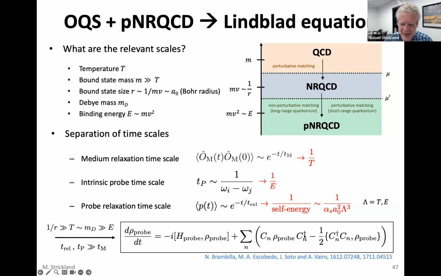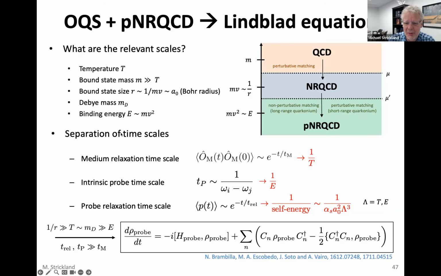So there's one operator for all possible transitions that you can make. If this was a two-level system, these would just be raising and lowering operators that allow us to go from the ground state to the excited state and back. In general, these can be some complicated operators that you have to determine through a calculation.